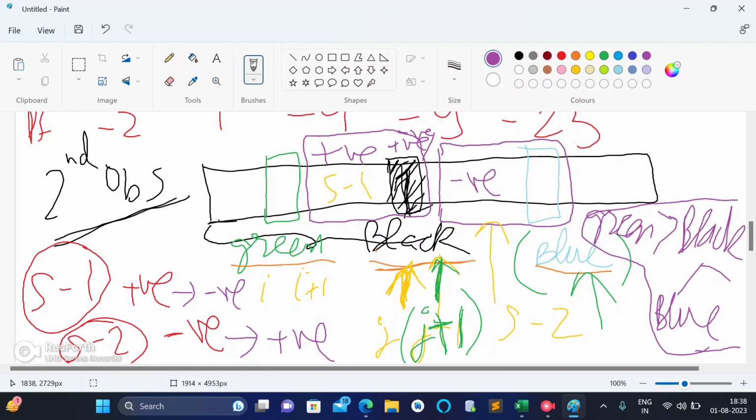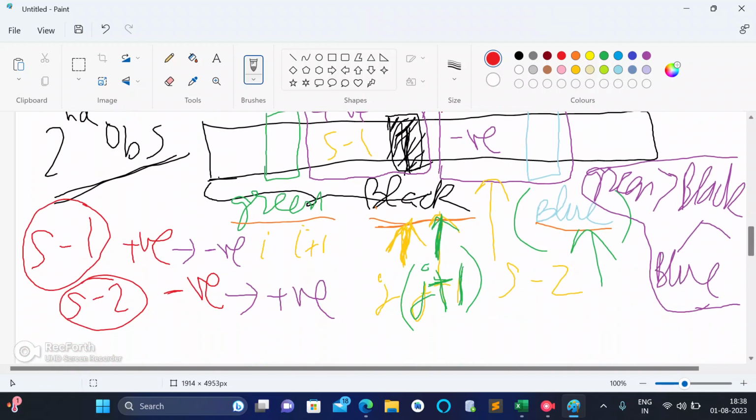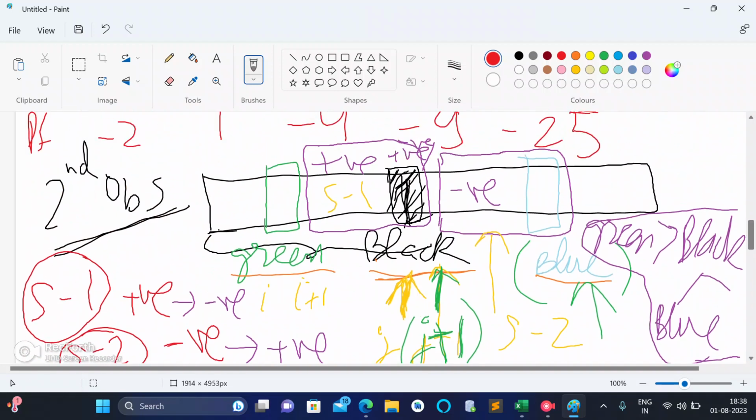And don't you think this is our target only, that green should become greater than black and black should become lesser than blue? So this is our second observation, that we have to convert the positives of section 1 into negatives, and the negatives of section 2 into positives. Not all negatives into positives, but some of them for sure. This is observation 2.